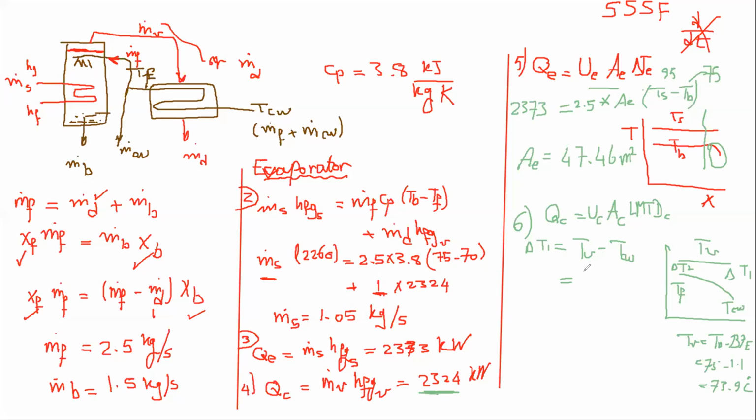It's going to be 45.9, Doctor. 45.9 degrees centigrade. And then the delta T2 is going to be T vapor, which is again 73.9, minus TF, which is 70. This is simple, so this is going to be 3.9 degrees centigrade. Then the log mean temperature difference.